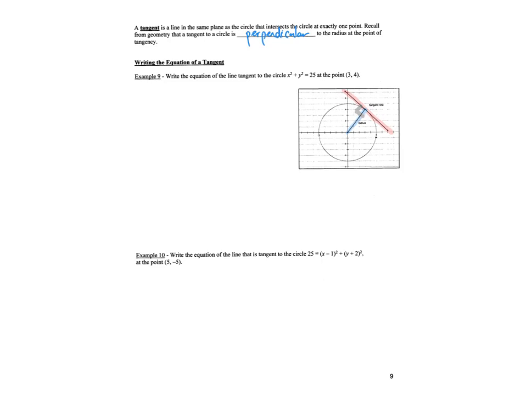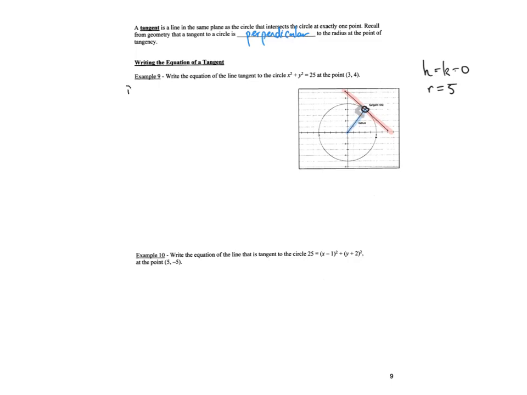And we're being asked to find the equation of this tangent line. And we're being told the circle is x squared plus y squared equals 25. So h and k are both 0, the centre is 0, 0, and r is 5. And we're being asked for the tangent to be at the point 3, 4. Tangent line, simply a straight line, so we need to find the point slope form for this line.